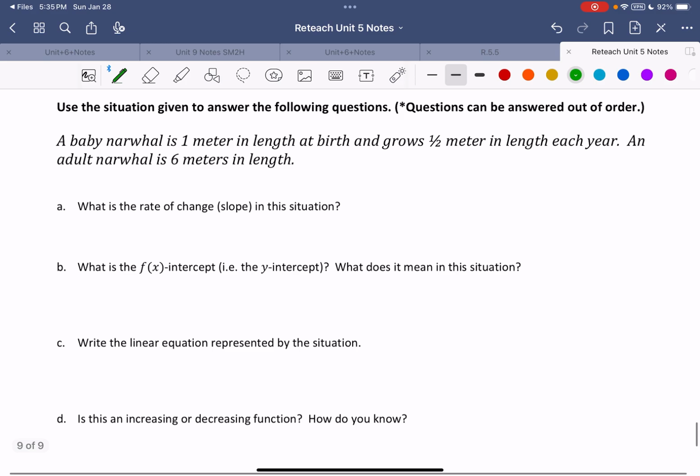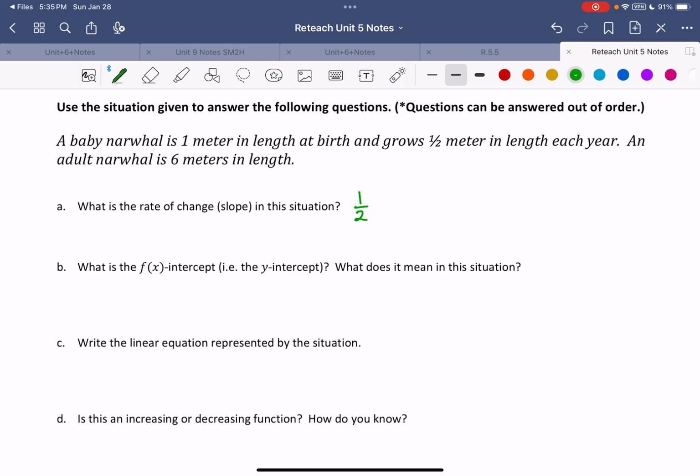Here we go. A baby narwhal is 1 meter in length at birth and grows a half a meter in length each year. An adult narwhal is 6 meters in length. So the slope is the thing that's changing, right? So it's growing, so a half would be our slope or our rate of change.